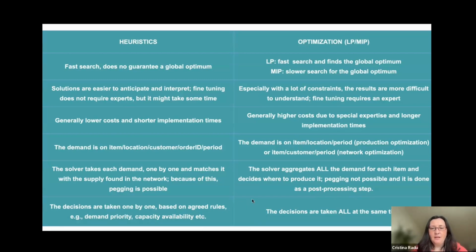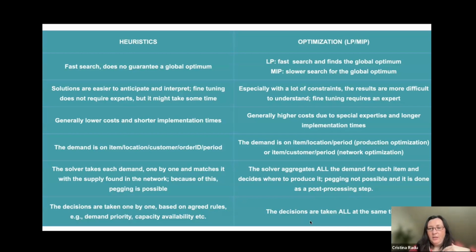From the supply chain side, I will just mention that for the heuristics, the decisions are taken one by one. You want to match demand and supply. You start with the first demand, and then you search through your network for the supply that matches. Then this demand goes out, and you start with the second demand. But this means that you're already eliminating a part of the problem, so the solution is suboptimal.